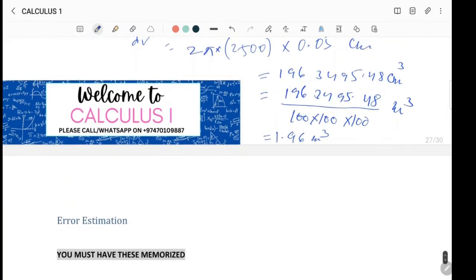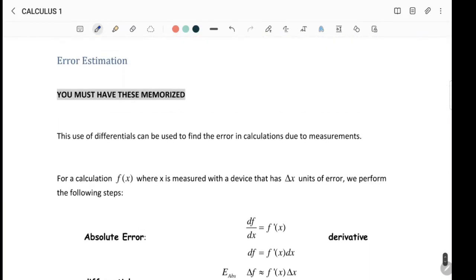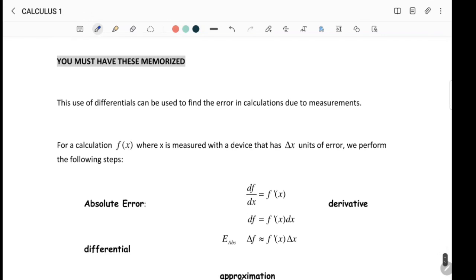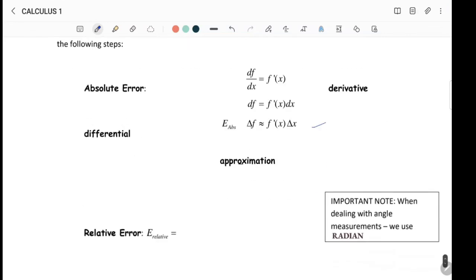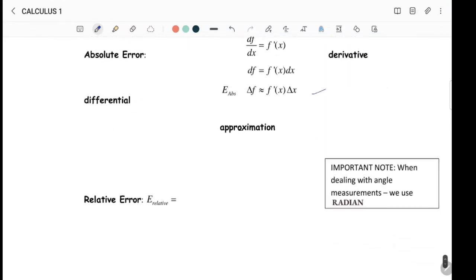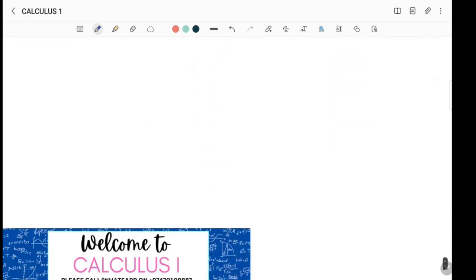Now move to the next question. Error and estimation. You must have these memorized. We did this. Absolute error is df over f.